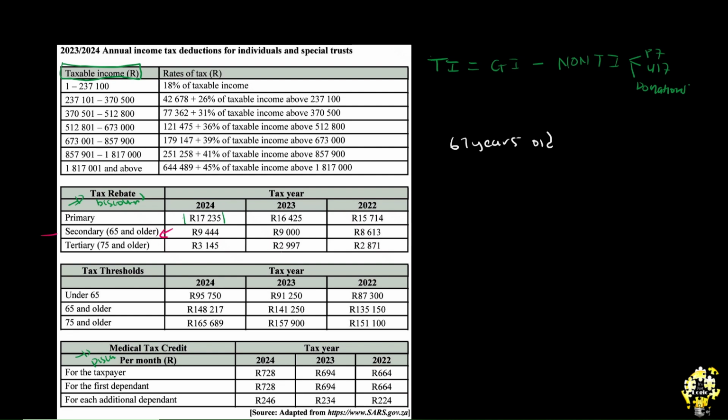Now, what did I say about people who are in the secondary rebate? I told you that they cannot find themselves in the secondary rebate except they also have gone through the primary. So how are we supposed to calculate this?